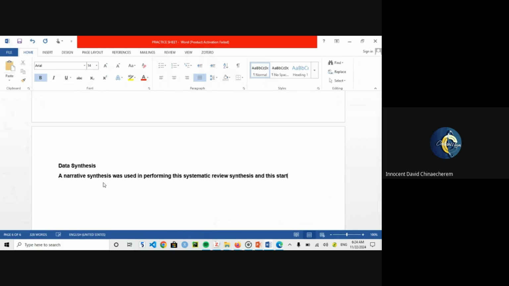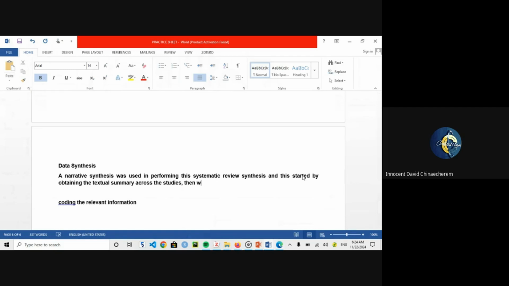And this started by obtaining the textual summary, because in our narrative synthesis we are trying to obtain the textual summary from across studies.